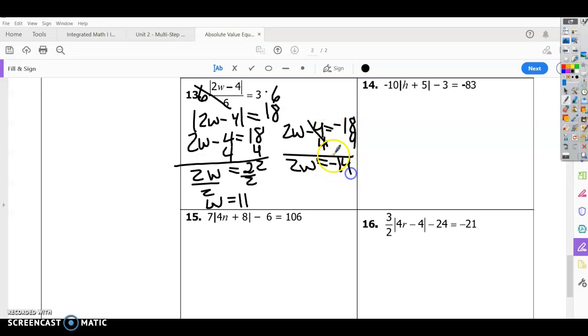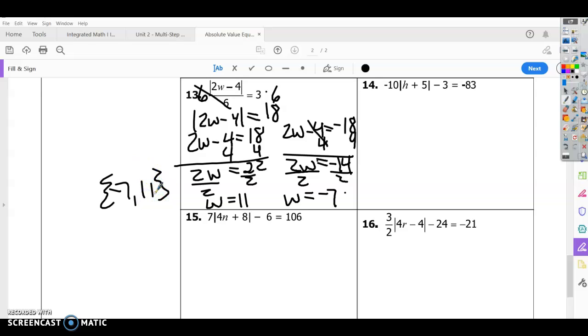Those are opposite signs. And w equals negative 14 divided by 2 is negative 7. All right, kind of running out of room here. I'm going to put my solution set over here. So my solution set is negative 7 and positive 11.